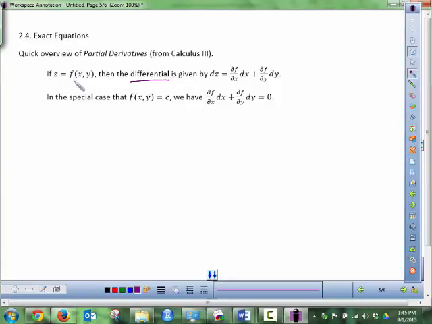And then it turns out that if you have a function of two variables that's equal to a constant, you take the derivative of both sides, on the left-hand side you have that differential, and on the right-hand side the derivative of a constant is 0.